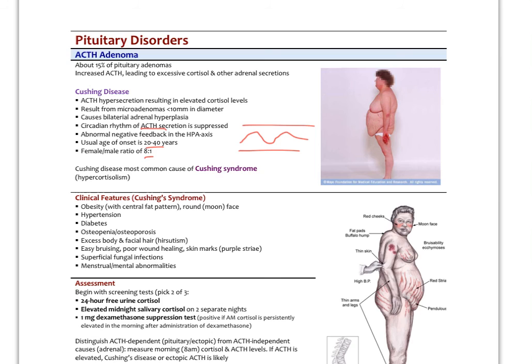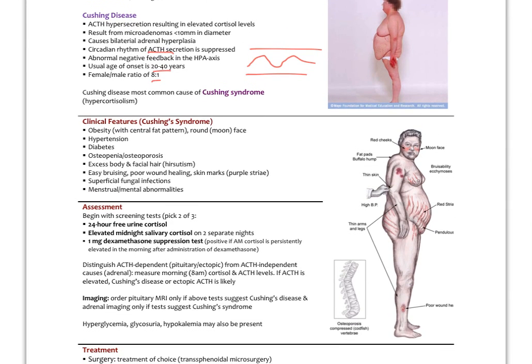So our symptoms will be the same as Cushing syndrome, and that's obesity, especially central obesity. So we have more abdominal obesity, but also fat pads in the back, the so-called buffalo hump, moon facies, and then usually very thin, skinny arms and legs. We actually get muscle atrophy in those areas.